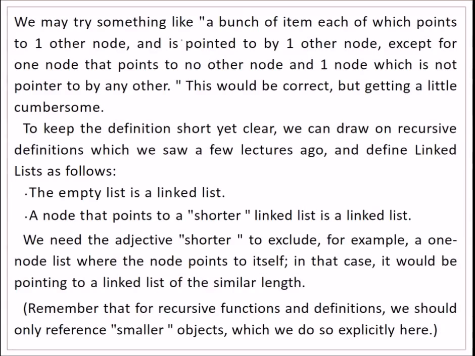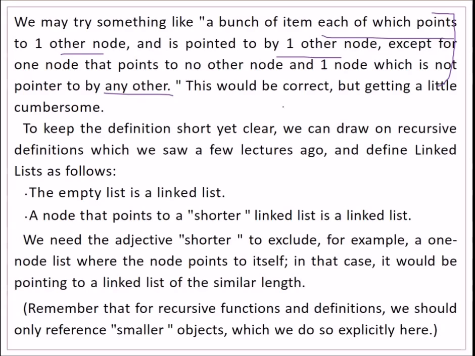But in this discussion, what we can try is a bunch of items, each of which points to one other node and is pointed to by one other node, except for one node that points to no other node, and one node which is not pointed to by any other node. So maybe this definition might be confusing to you, but this would be correct, but quite difficult to understand.